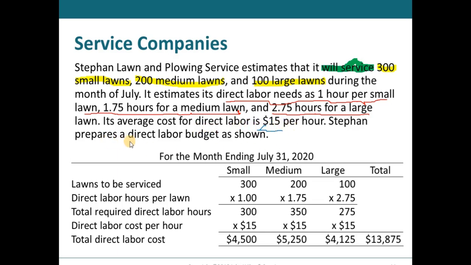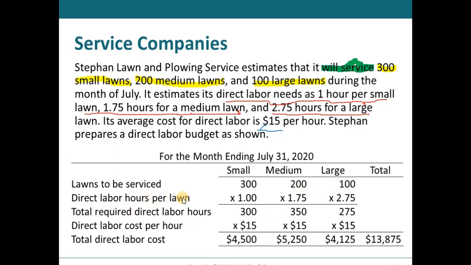Stephen prepares a direct labor budget as shown, for the month ending July 31, 2020, for small, medium, large, and total. The number to be served is 300, 200, 100.